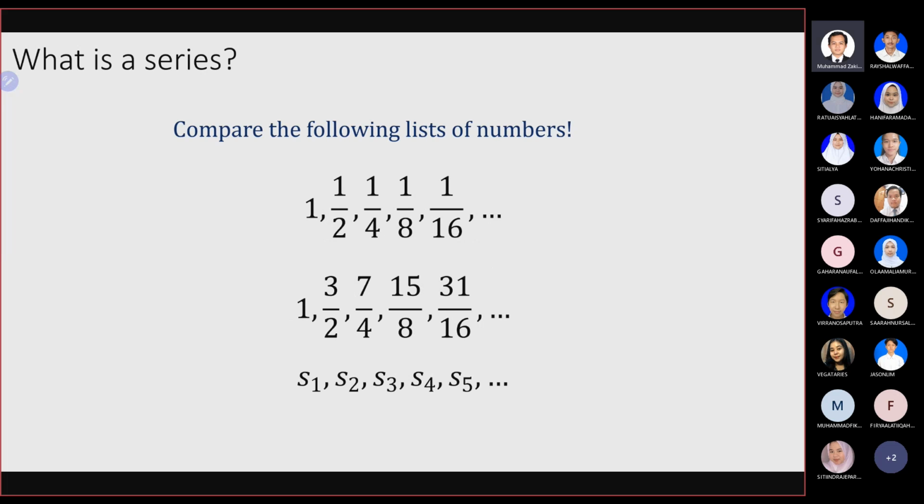Okay. Let's take a look at the following list of numbers. The first one we have a sequence of 1/2, 1/4, 1/8, 1/16, and so on. And then the next list we have 1, 3/2, 7/4, 15/8, 31/16, and so on. From these two lists, what can we see?